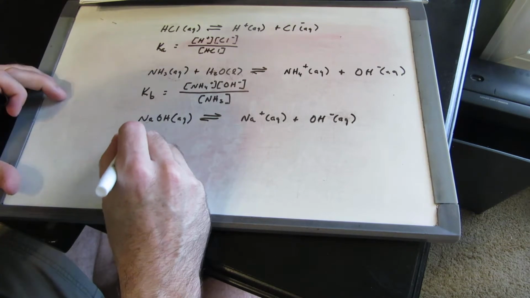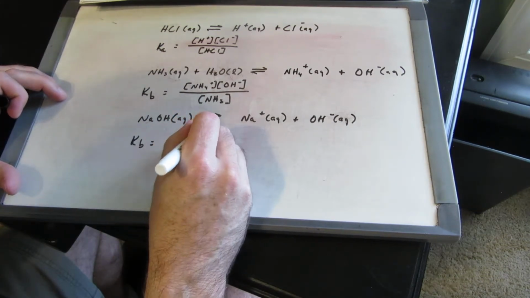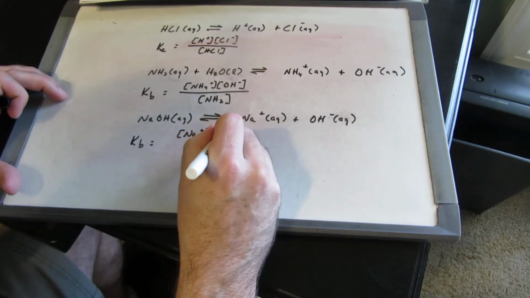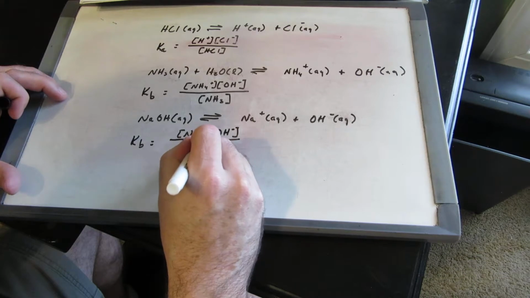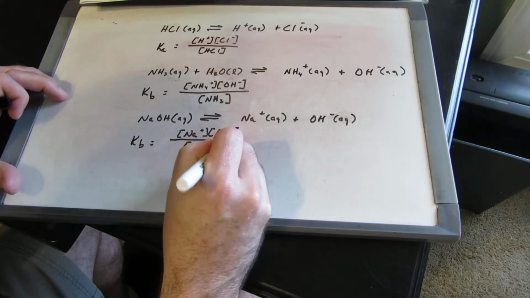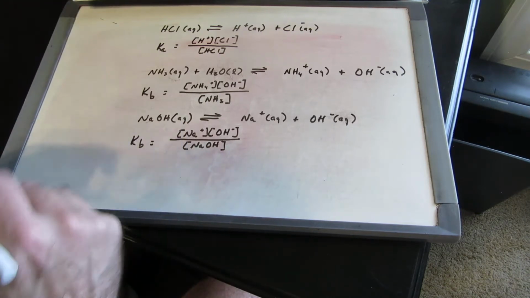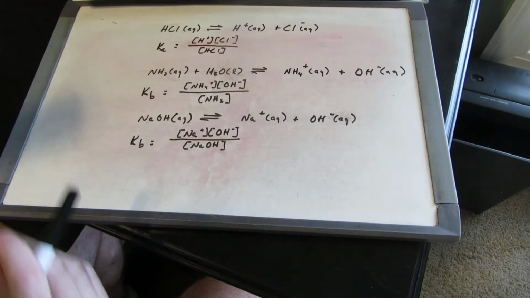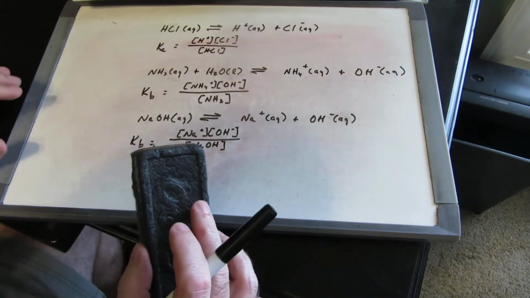So K sub B would be Na plus times OH minus over the concentration of NaOH. All right, so really it's the same thing that we did at the very first of the chapter, except this time we're talking about acids and bases.